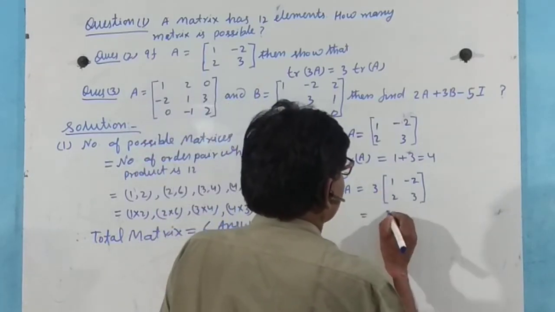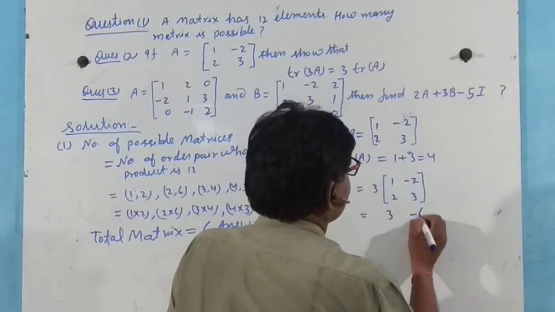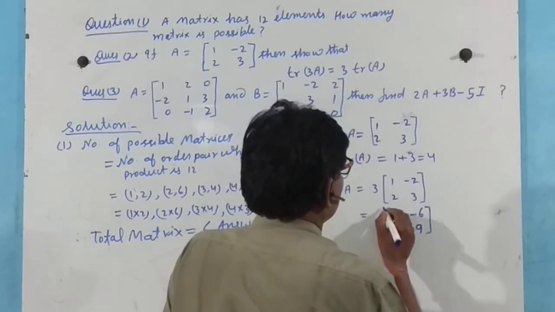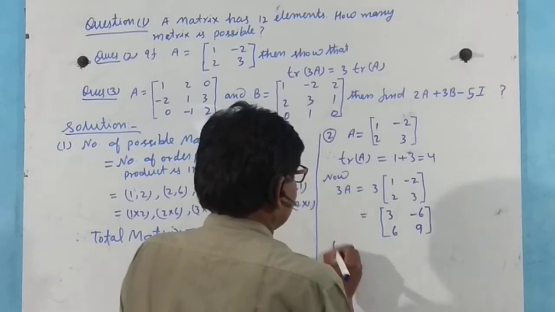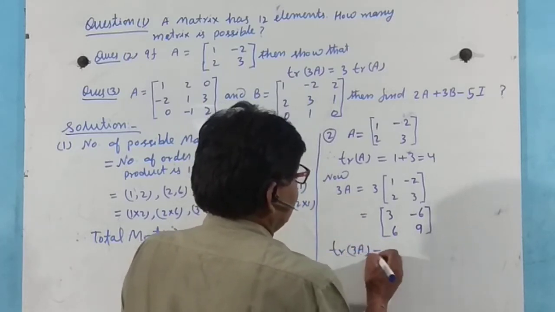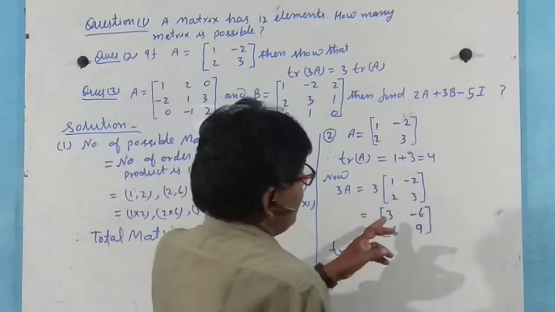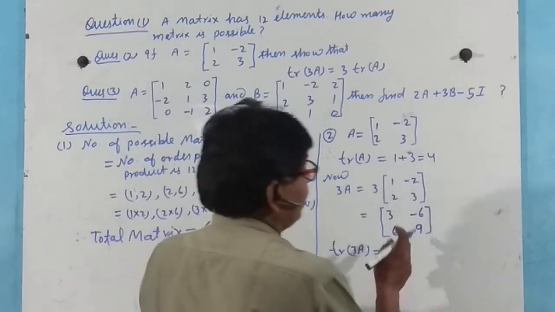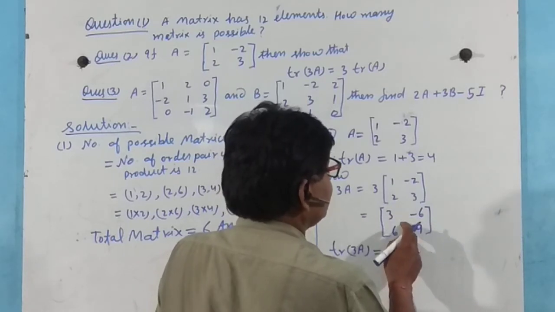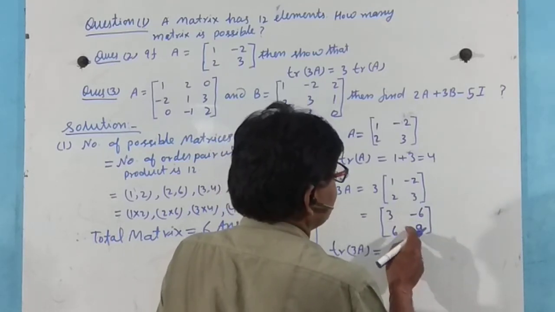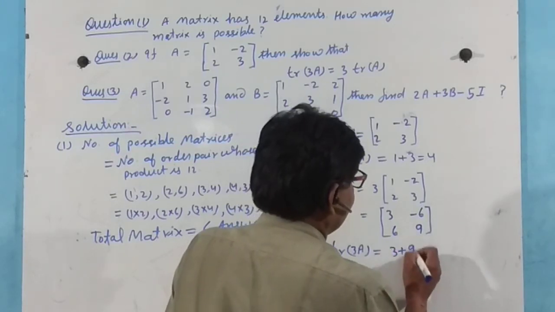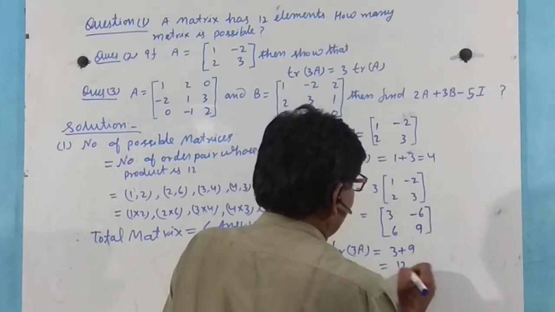Now 3 ones are 3, 3 twos are 6, 3 twos are 6, 3 threes are 9. So that trace 3A equal to the sum of the elements of the principal diagonal, 3 plus 9 equal to 12.